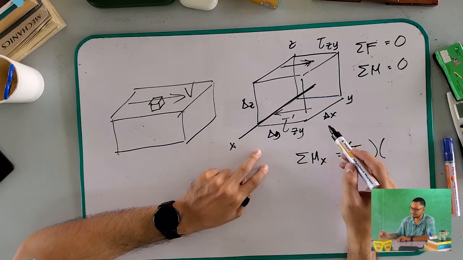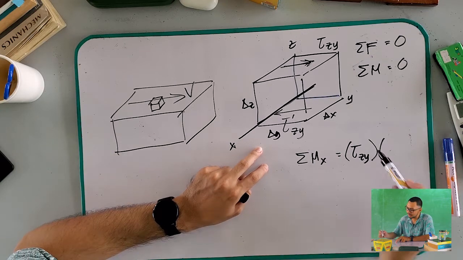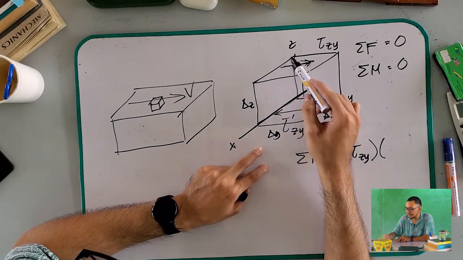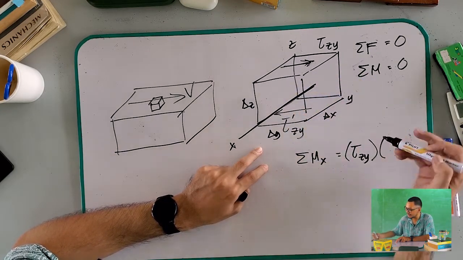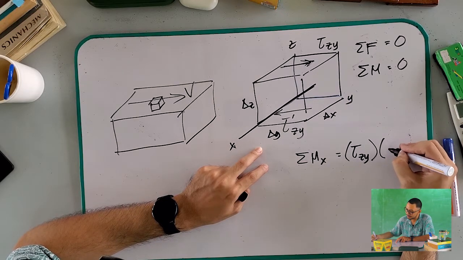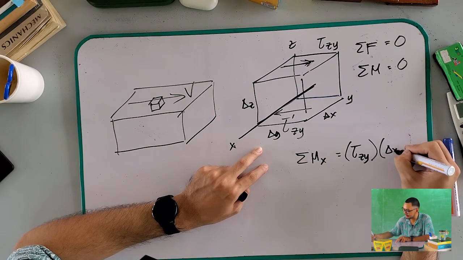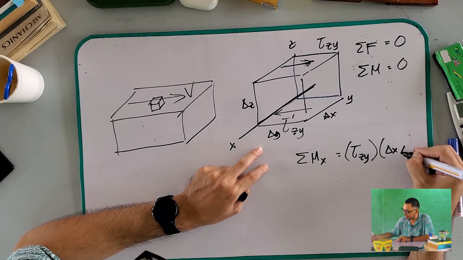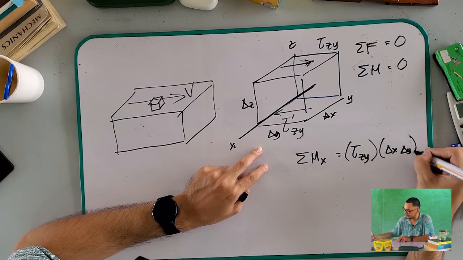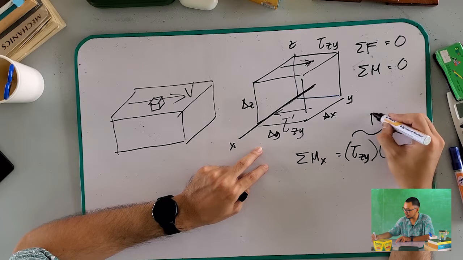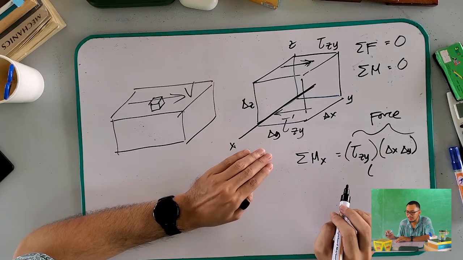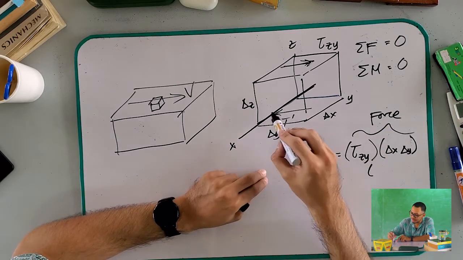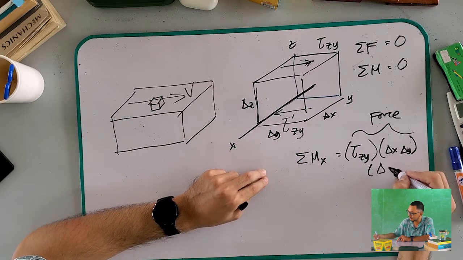So since this is your force, this is your stress, and this is your area, so stress times delta x times delta y. Okay, so mao ni imong force, and your moment arm should be this one, delta z.